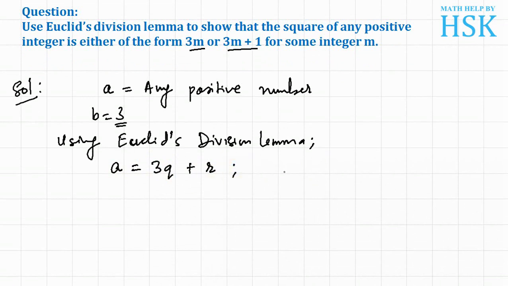In this case, because the divisor is 3, r will be less than 3 and greater than or equal to 0, which means that r can be equal to 0 or 1 or 2.